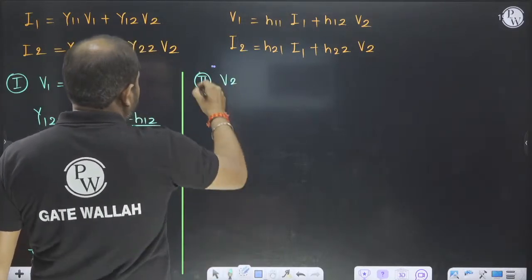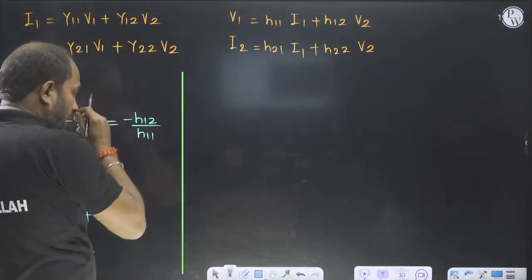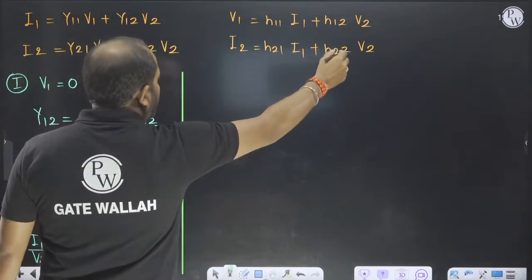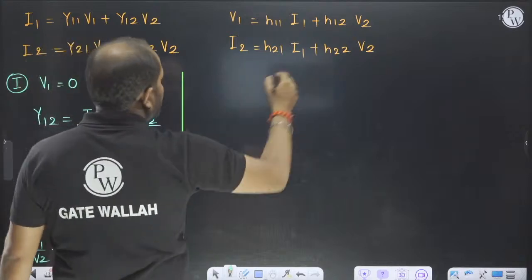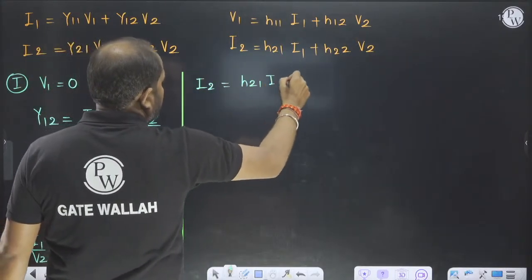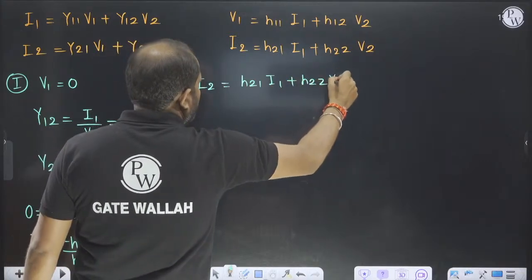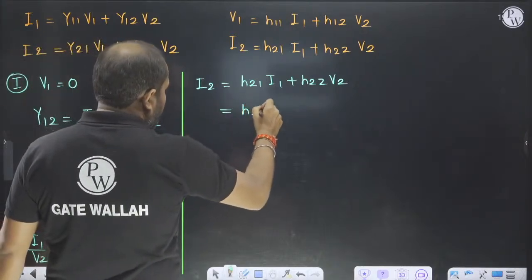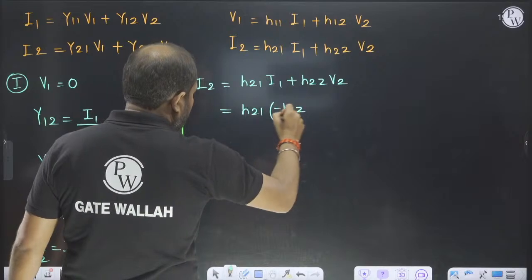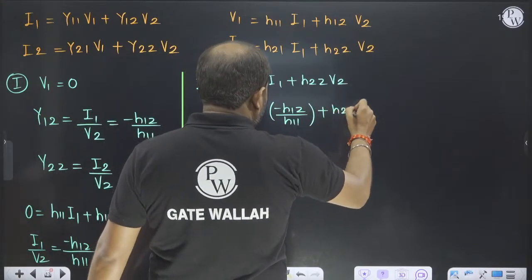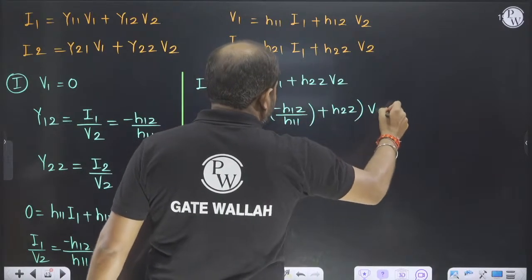Second case, V2 is equal to 0. Sorry. Then in this case I will make V1 equal to 0. So in this equation nothing will change: I2 equals H21 I1 plus H22 V2. I have to find I2 upon V2. So I1 in terms of V2 will be equal to minus H12 divided by H11 times V2.